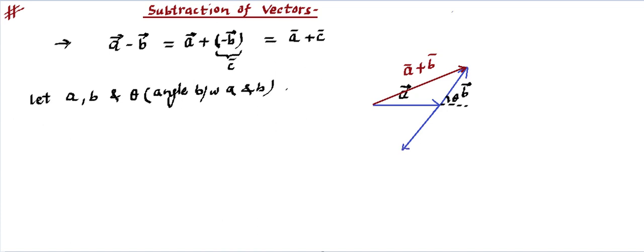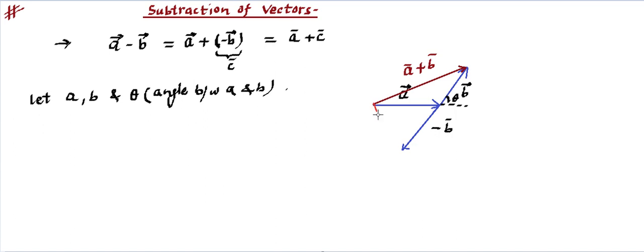Since this is the minus B vector, we will write it as minus B vector. And we are now summing this vector A with this minus B vector. That means this vector A, which was here, has to be summed with this minus B. Then the rule of addition we can apply between these two vectors.